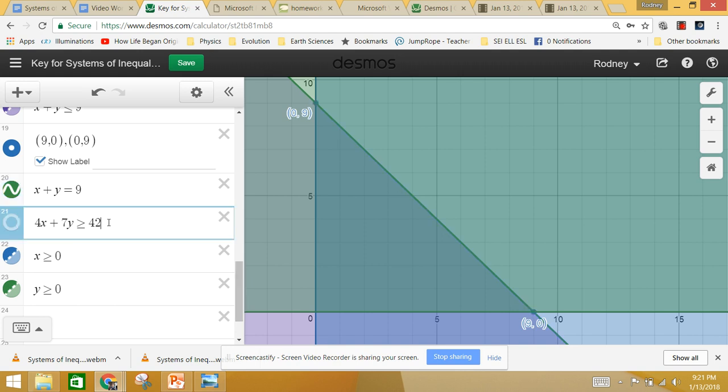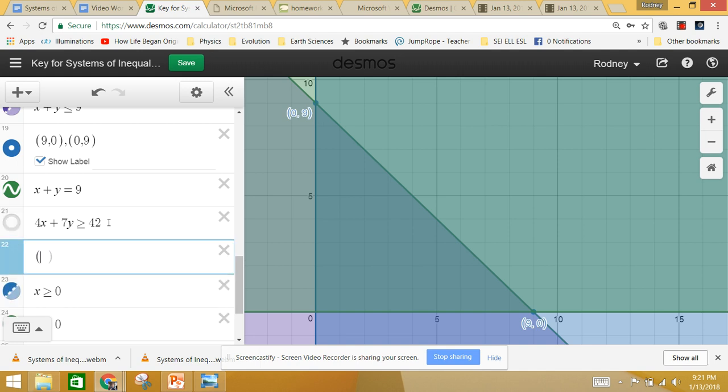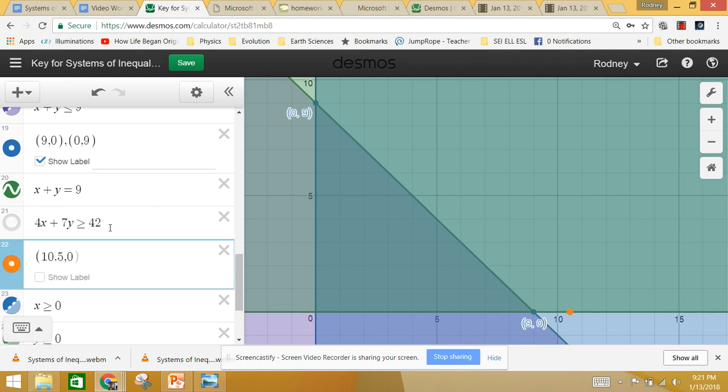Oh, now we're going to deal with this last inequality, and I'm going to plot the intercepts. So I've got an x-intercept where y is 0. So 4x equals 42. That means that I've got 42 divided by 4, which, okay, that's going to be 10.5, 0.